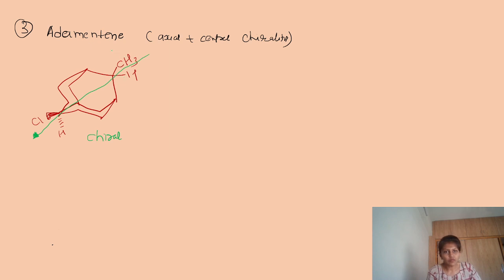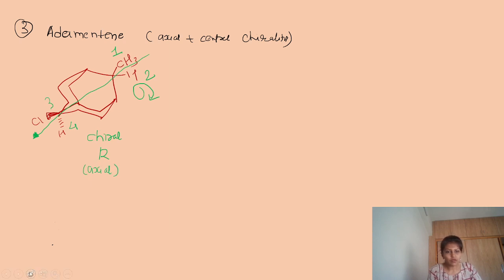Same, methyl is higher priority 1, and this is 2, this is 3 and 4. 1, 2, 3 clockwise, so it must be R, provided the fourth is below. Here the fourth group is below, right? So it is R. So here we can say axial chirality is observed. You can't say that it has central chirality.